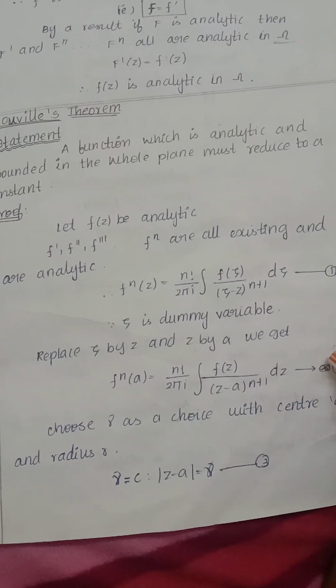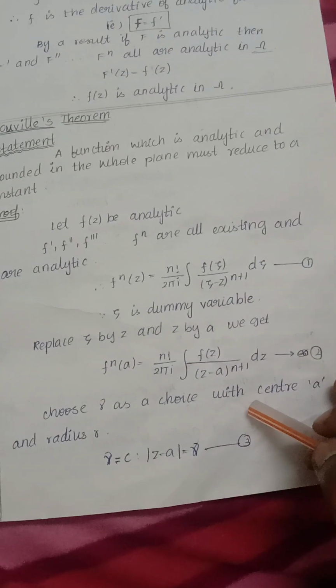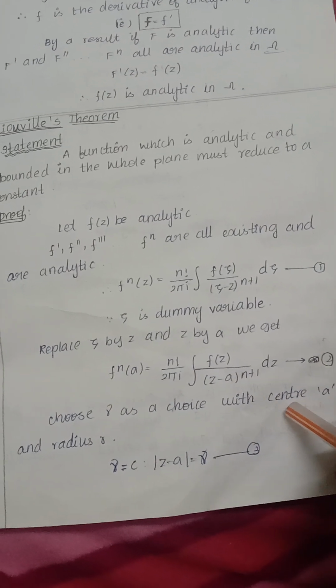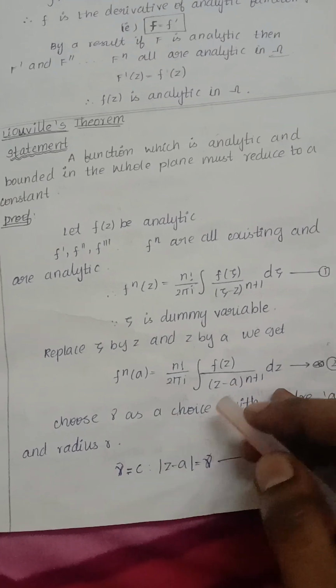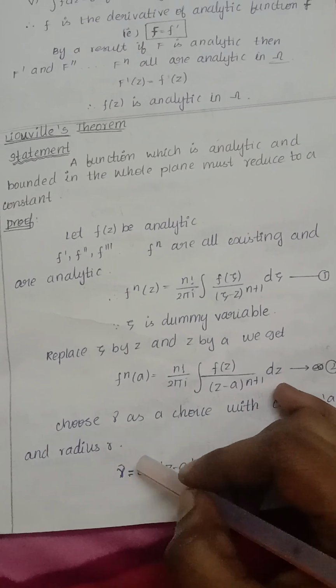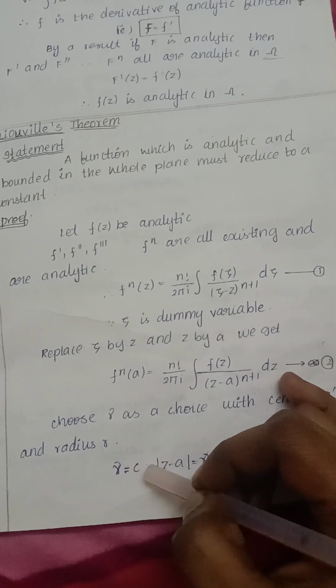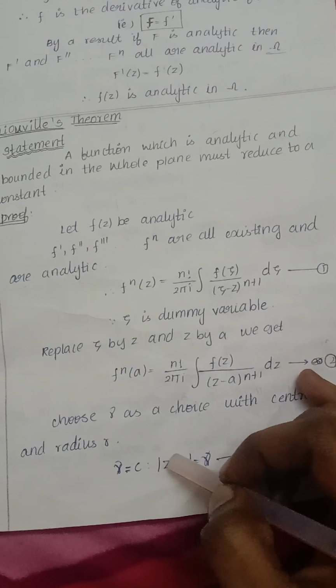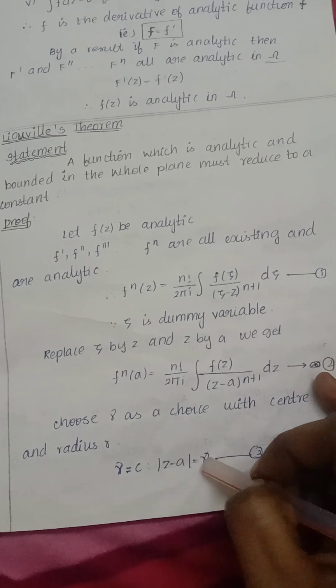We are assuming a circle gamma with center a and radius R, so modulus of z minus a equal to R is the form of the circle.